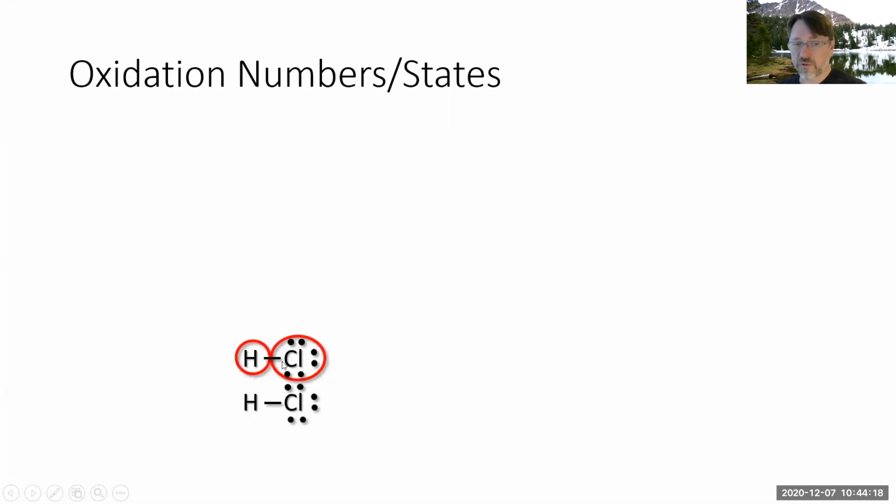So if we assign formal charges and we imagine that there is an electron on each end of this dash that means the bond, then we say that the chlorine has a core charge of 7. We have 1, 2, 3, 4, 5, 6, 7 electrons around it, so the formal charge is 0. Similarly, the hydrogen has a core charge of +1. It has 1 electron assigned to it, and so we have the formal charge of 0.